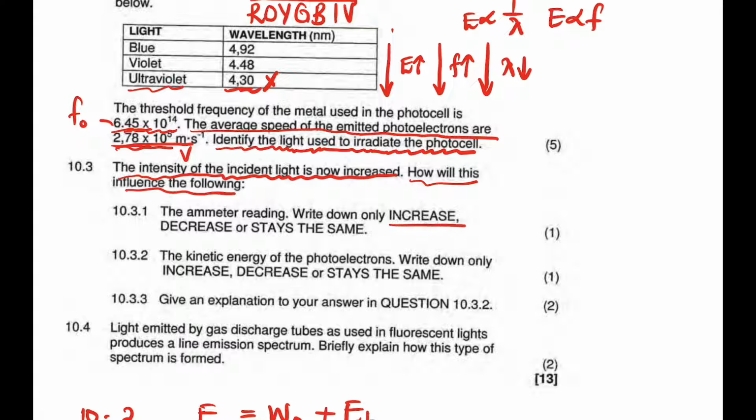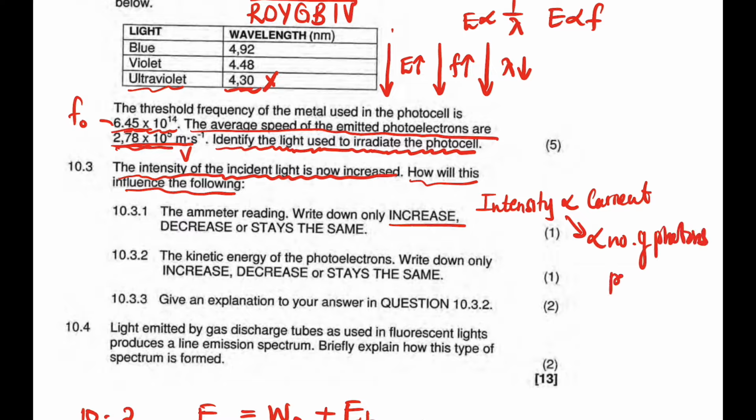When the brightness, the intensity of light, is directly related to what? To the current, and also directly related to the number of photons per unit time.